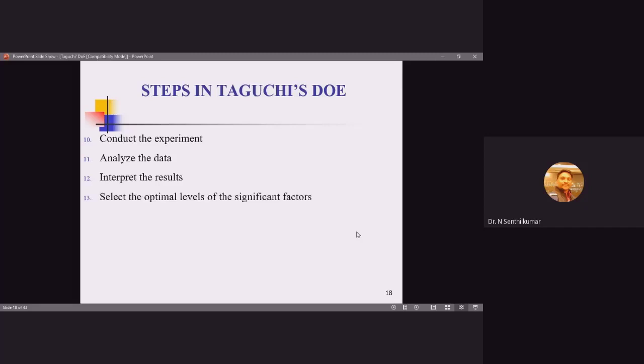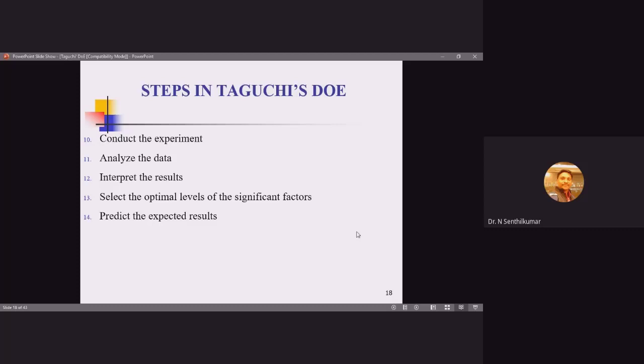Then I am going to identify the optimal conditions. Then I am going to predict. So the prediction option is also available, right? In Taguchi's technique, once we have identified the optimal parameter, the work will not stop there. The procedure will not stop there.